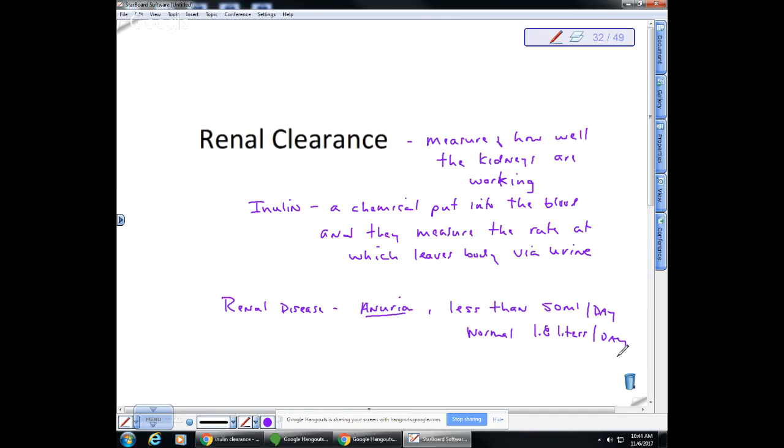0.5, let's see, if it's 50, we'd have to go back 3.05 liters. Is that right? Isn't it 3 or is it 2? I think we should know. We do this all the time. Yeah, I think it's 0.5. I think it's in the chart. I think it's 2.